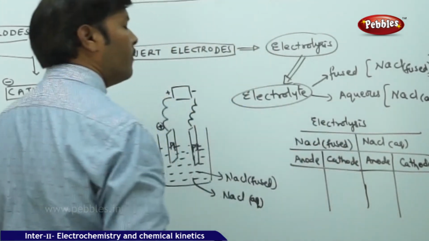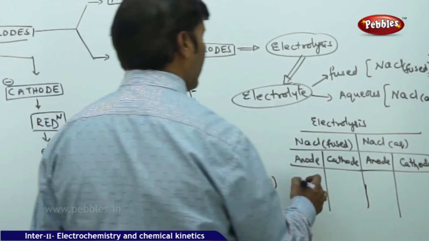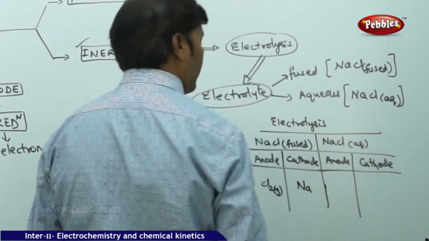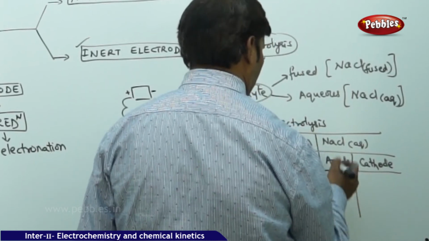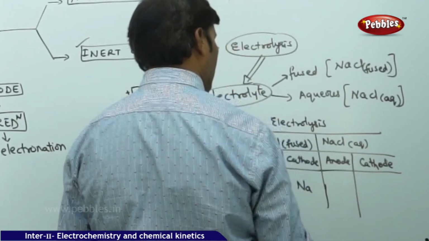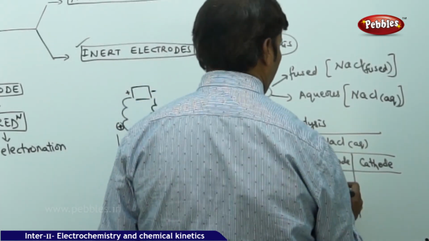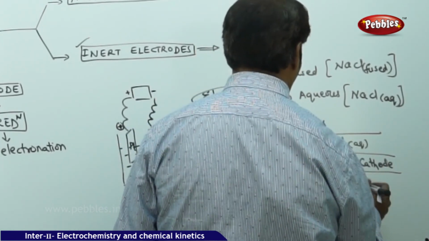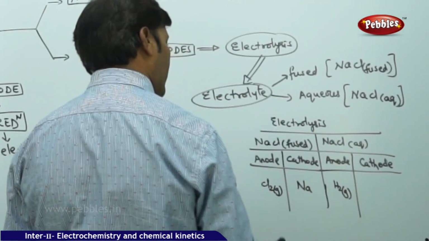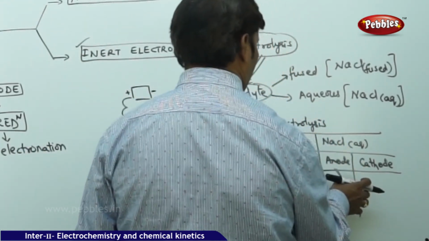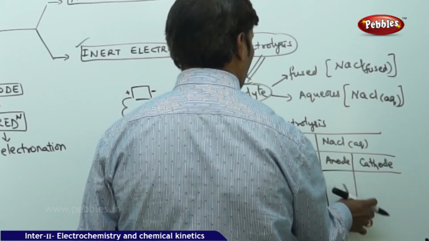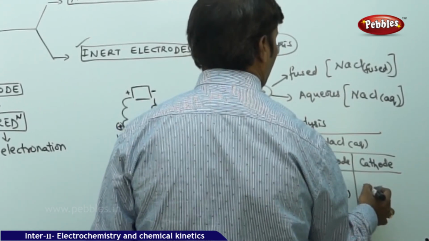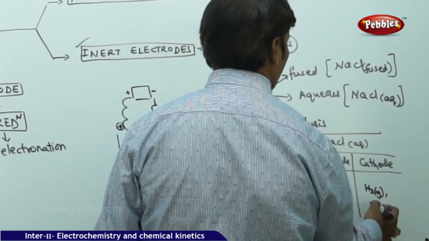If you go for NaCl fused, at the anode we get chlorine gas, and at the cathode we get sodium metal deposited. Again in the case of aqueous, at the anode it's not chlorine gas, we get O2 gas, and at the cathode we get H2 gas along with NaOH.